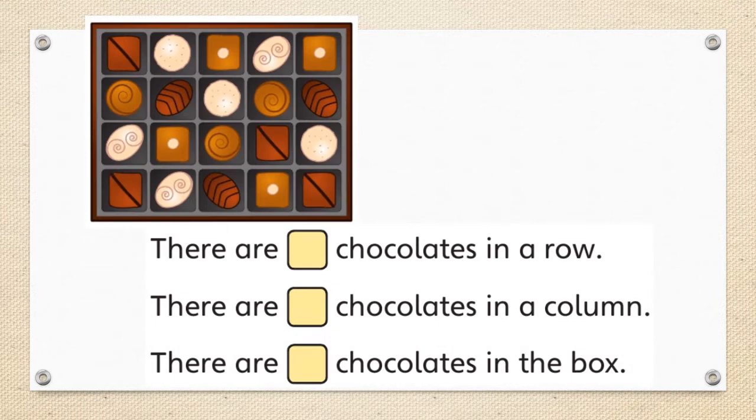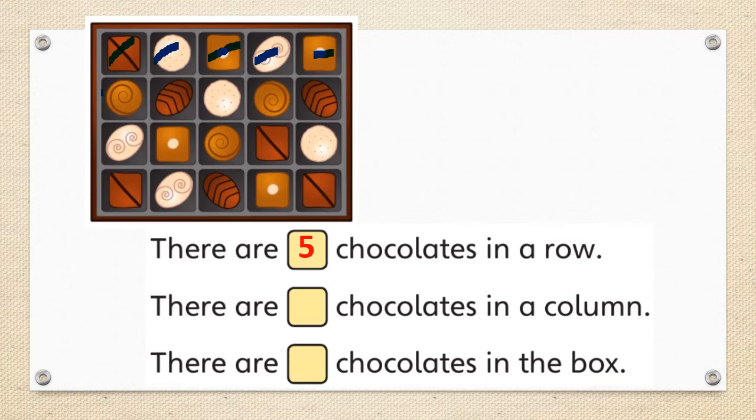Let's try another one. Look at this box of chocolates. There are dash chocolates in a row. Let's count. 1, 2, 3, 4, 5. There are 5 chocolates in a row.